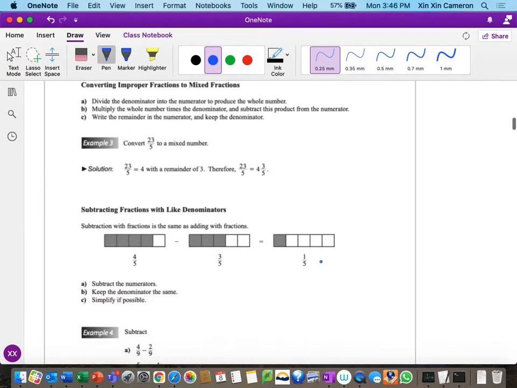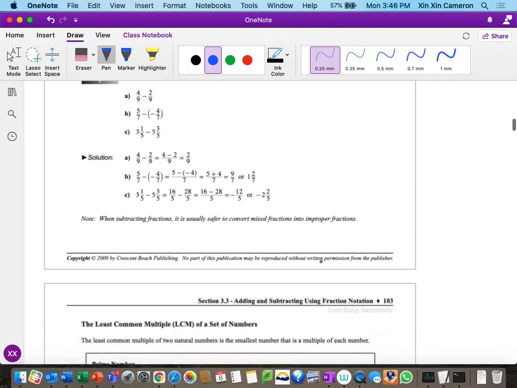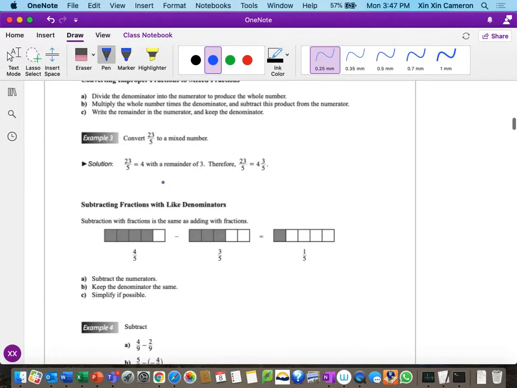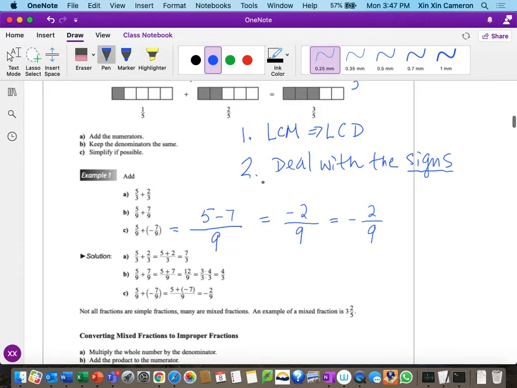Okay, so let's say we have another one. These all have the same common denominator, so don't worry about it. But then we have this one, which is a mixed number. The third issue in this section is to change mixed numbers to improper fractions.